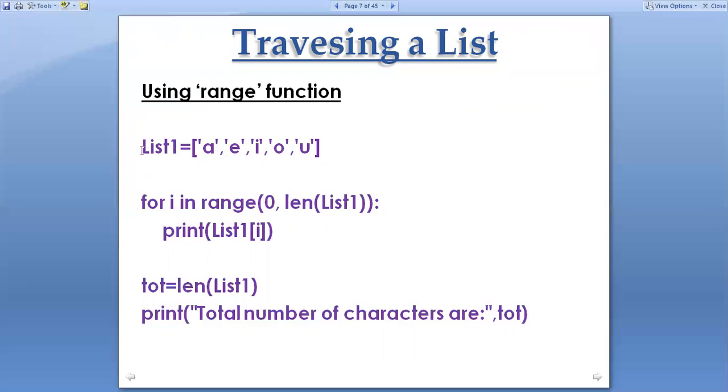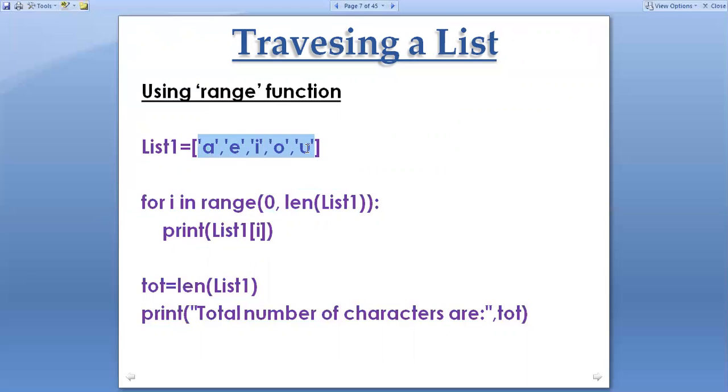So here list1 equals A, E, I, O, U. These vowels are stored in list1. Each value is separated with a comma and enclosed in single quotation marks here. So for i in, i is a counter variable here, in is a membership operator, and the range function is specified, with beginning, last and update. So here it begins with 0 and will go till the list length.